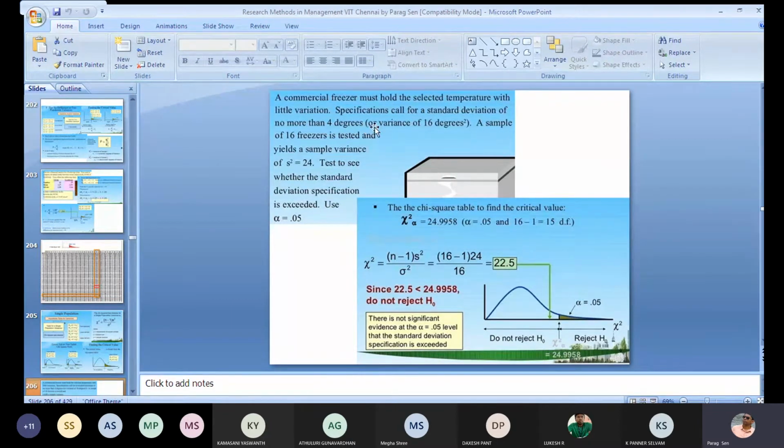A 4 degree standard deviation means your variance will be 16 degrees square. So the specification at design level suggests that the temperature variation must be within the limit of 16 degrees square variance.